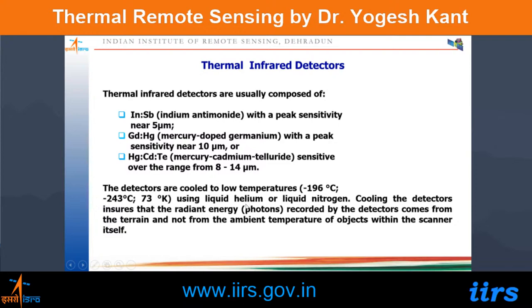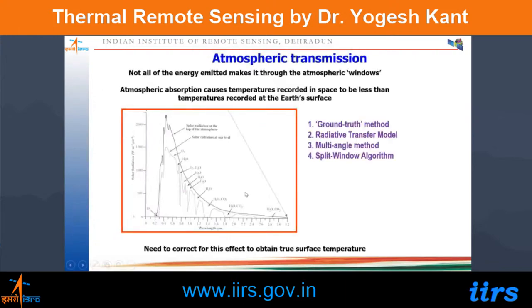Now, as I said, we use most of the atmospheric windows, but in fact, not all the energy emitted makes it through the atmospheric window. So we have to correct for the atmospheric effect. There are different methods for it. One is the ground truth method.